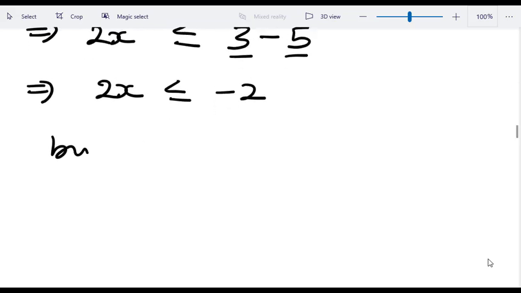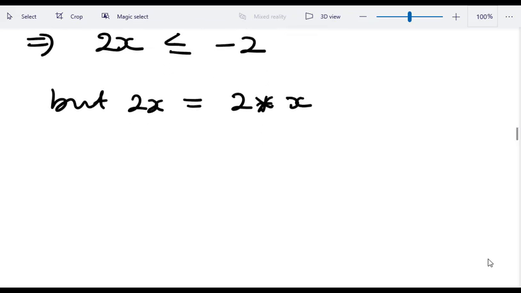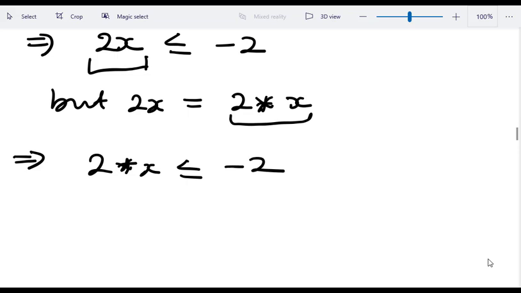But keep in mind that 2x is 2 multiplied by x. This is what I taught you guys when I introduced linear equation. So I will advise you to pay more attention to linear equation, at least before watching this video or before attempting to solve more of these. Then in place of this 2x, we replace it with this: 2 multiplied by x less than or equal to minus 2.